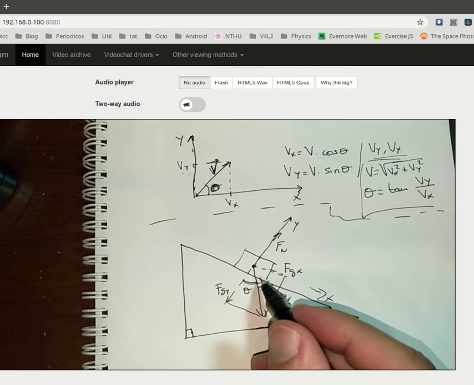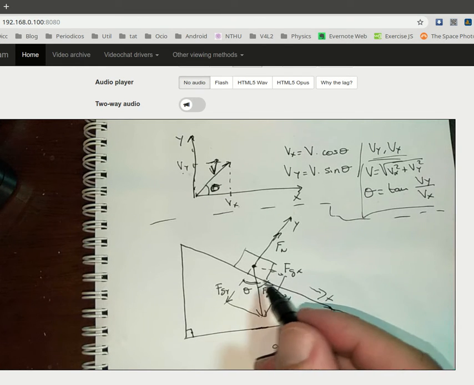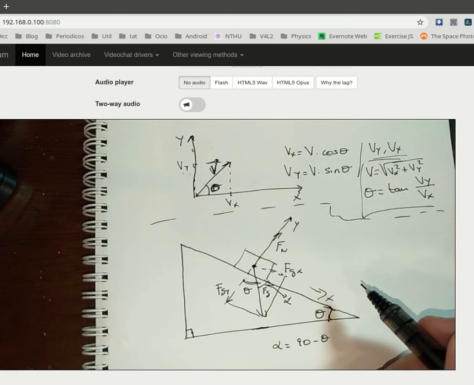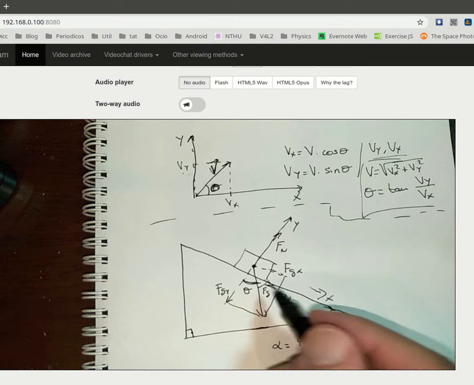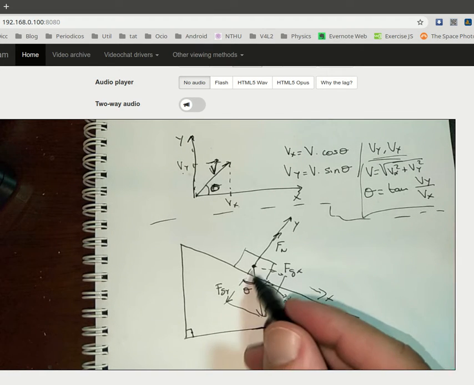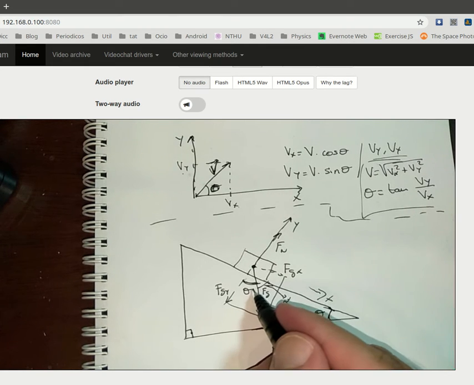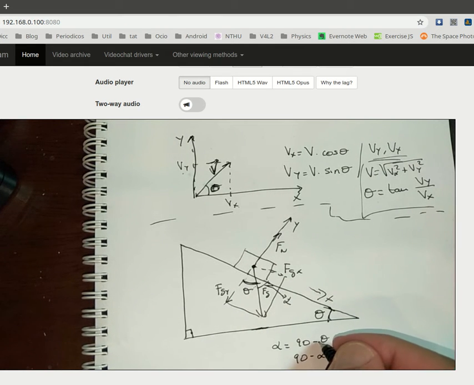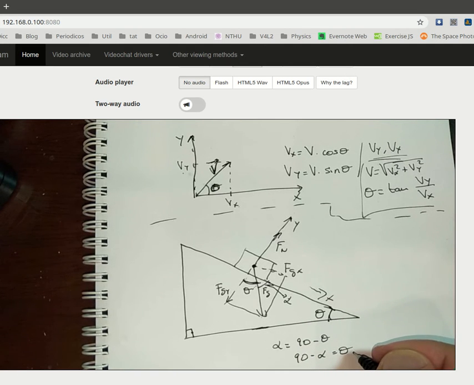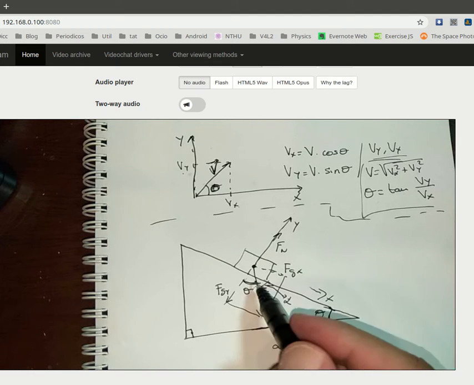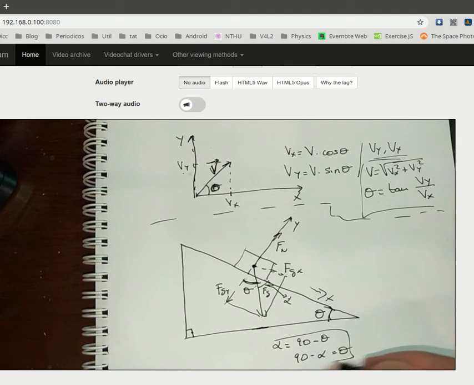So this one is 90 minus alpha, which is theta. That's another way to say it.